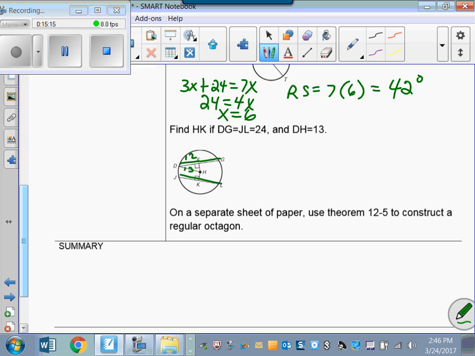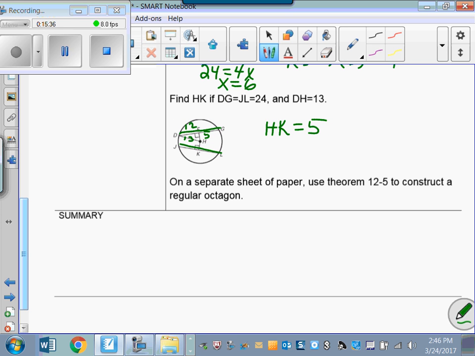So this length would be 12. So I've got another Pythagorean triple, right? FH would be 5, and HK is the same. So I know that HK has to equal 5 because congruent chords are equidistant from the center of the circle.